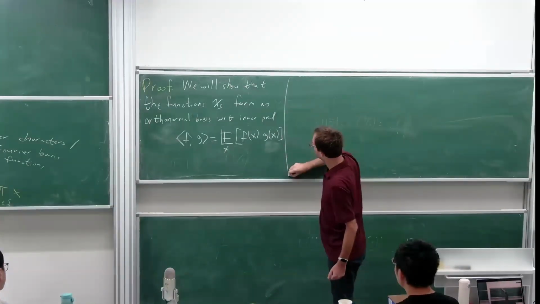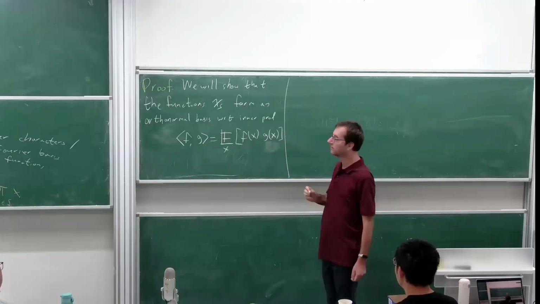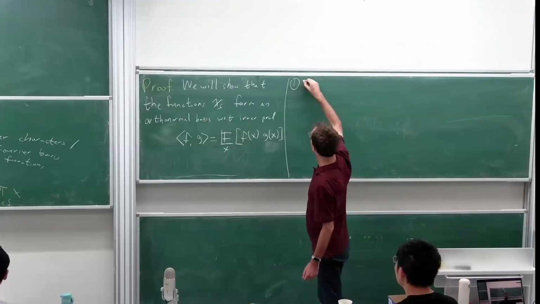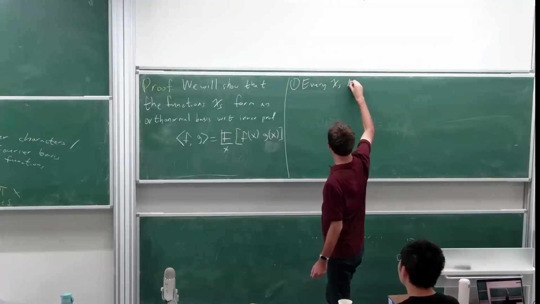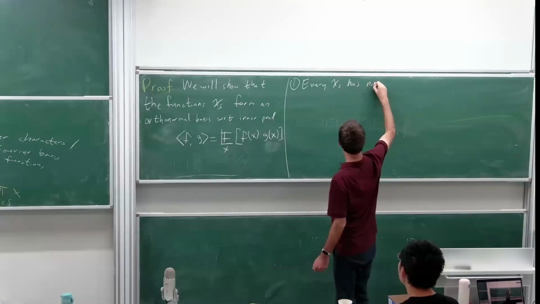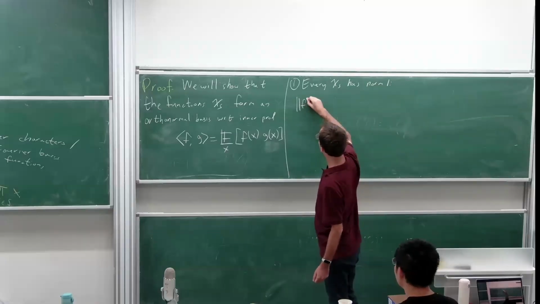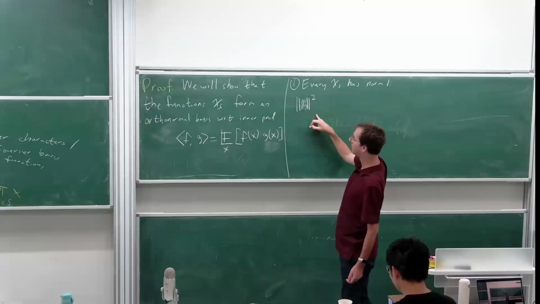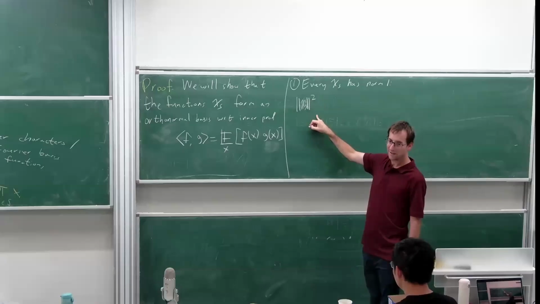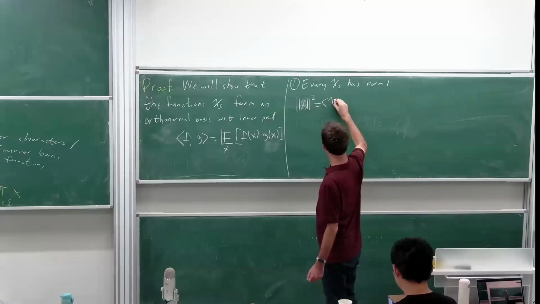Okay, so first let's see that everything has norm 1. Every χ_S has norm 1. I'm just using this so I can demonstrate to you the notation. This will be the L2 norm, which is just the same as the inner product of the function with itself.